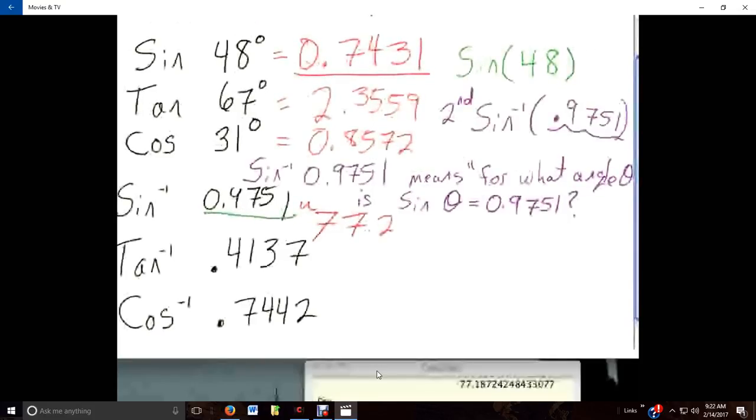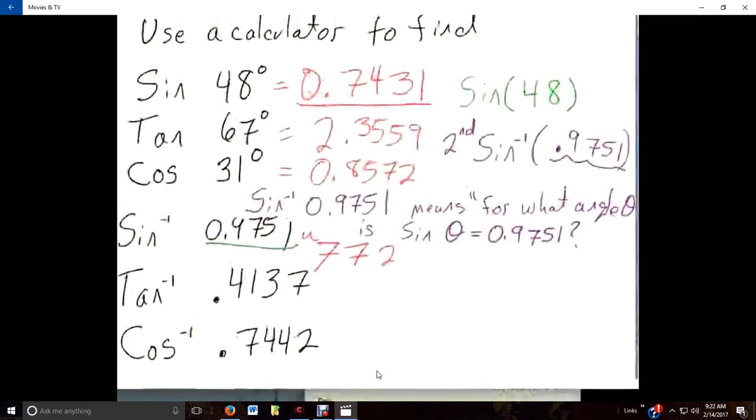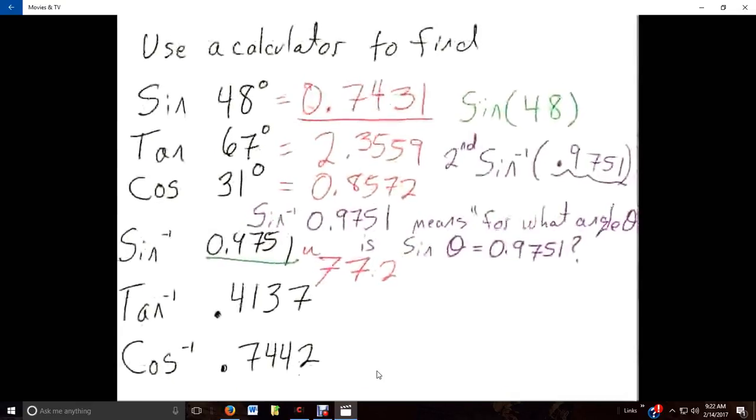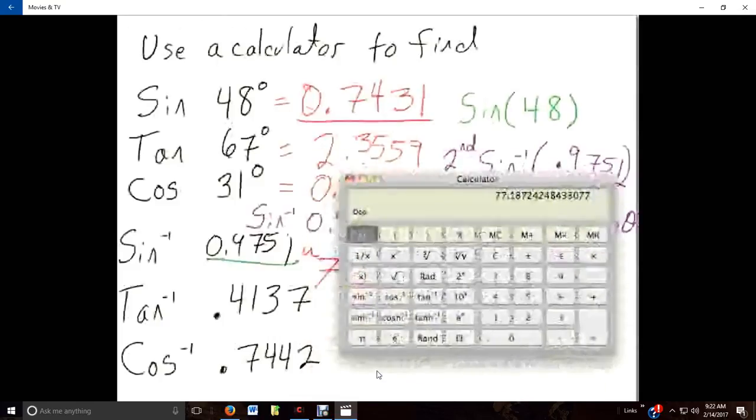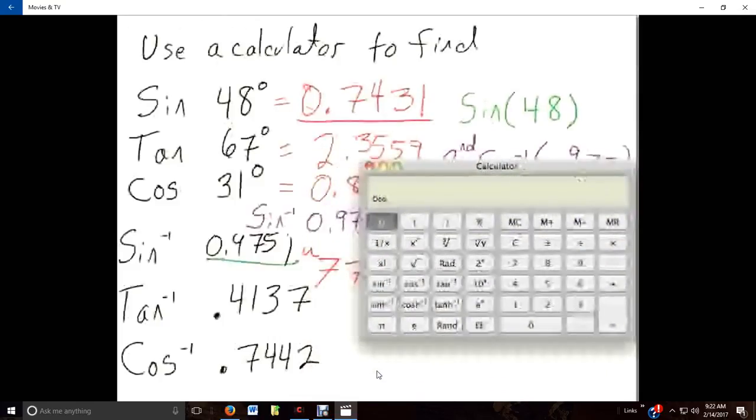All right. Now let's try it again with the tangent. We take 0.4137 and we hit the inverse tangent button.